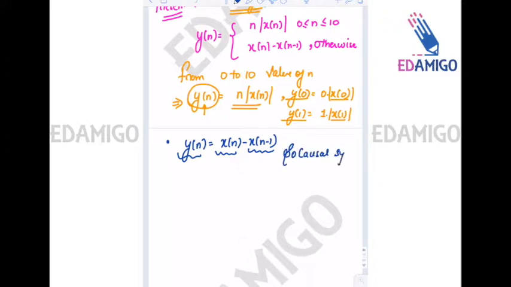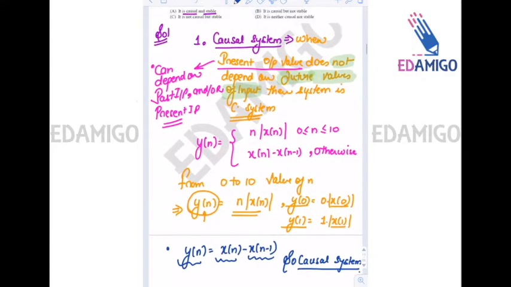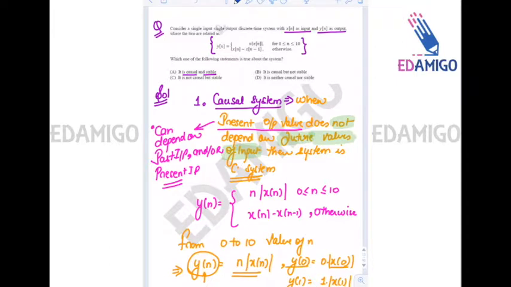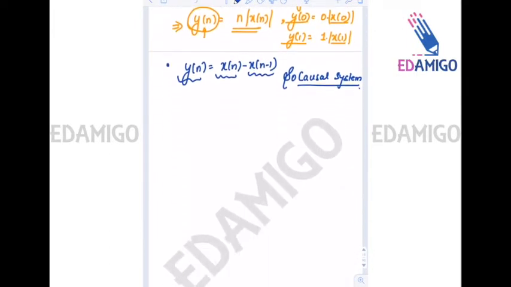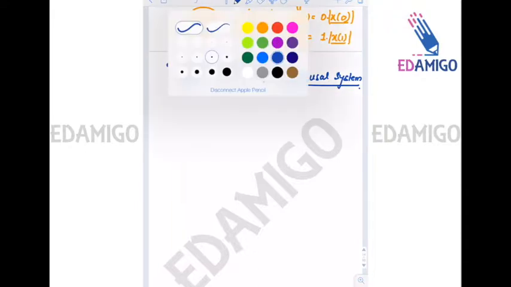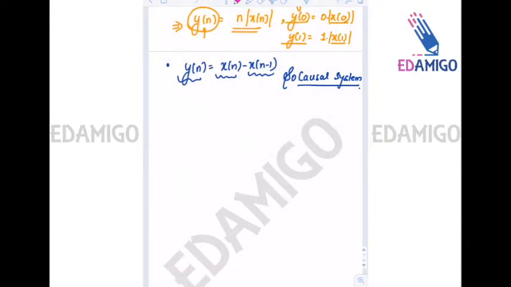Now we have to check the stability of the system. So let me tell you the method to check the stability of the system.